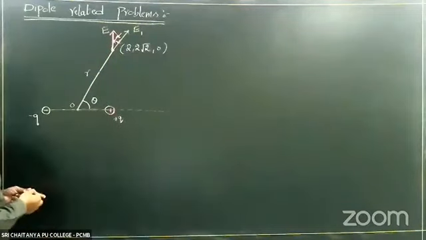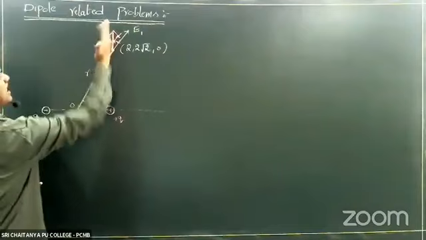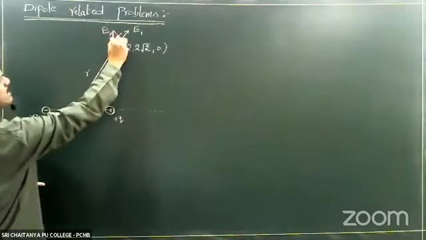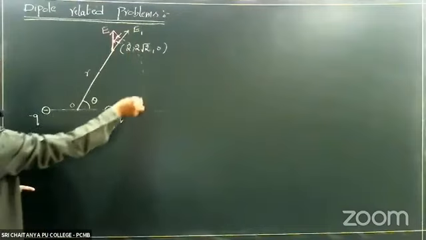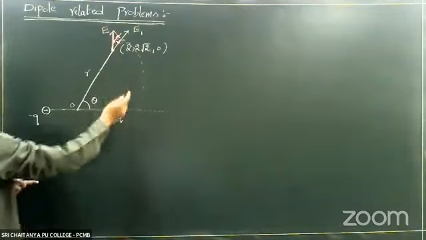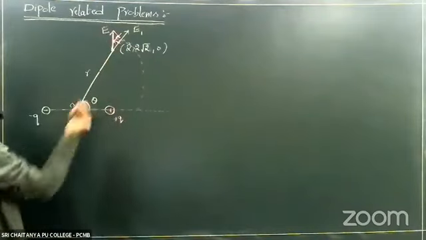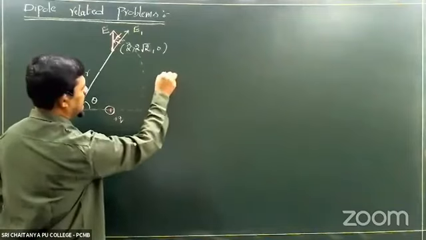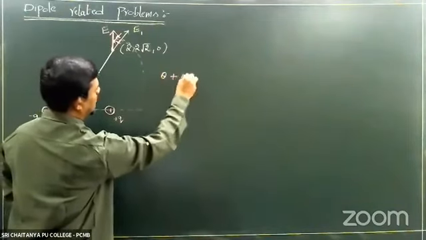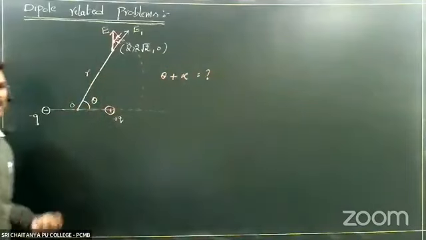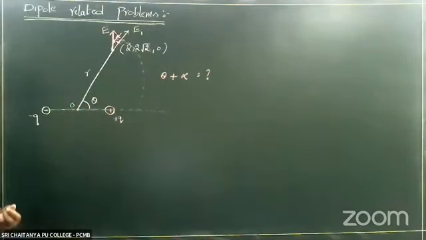So what is the total angle made by this E with axis? What they are asking is the total angle. Alpha plus theta, right? Theta plus alpha is how much? This is what they are asking, right?